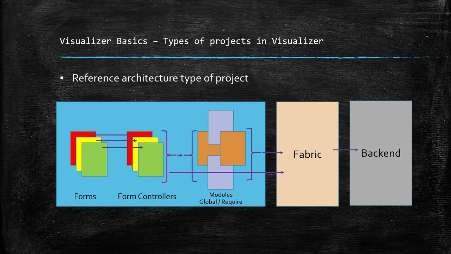So the flow would be, when the user interacts on the form, it would call a function that you have implemented in the corresponding form controller, and from that form controller you can directly interact with the Fabric services, or you can invoke any of the functionality that you have implemented as part of your JS modules, and from the JS modules you can also interact with the Fabric layer. So this is how the control flow would be in a reference architecture type of project.